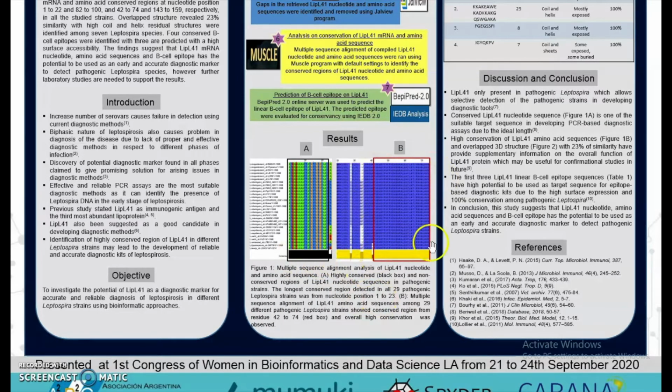Meanwhile, for 1B here, this red box indicates a longest conserved region of amino acid sequences that was found from residue 42 to 74 and overall high conservation was observed.